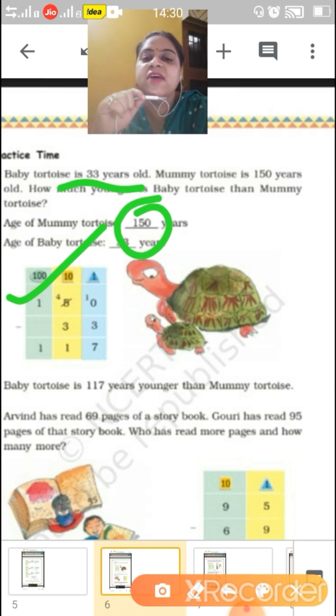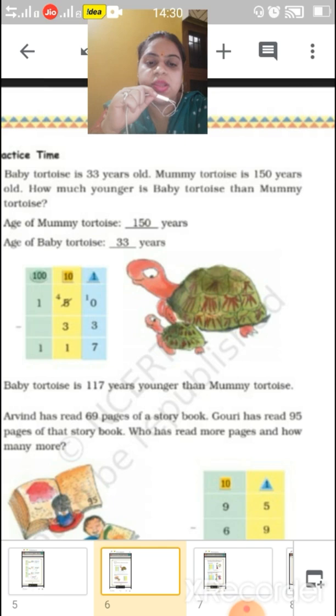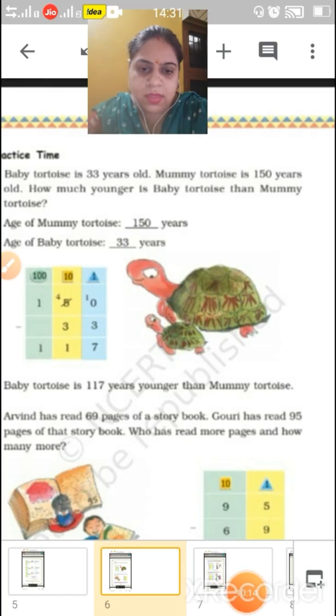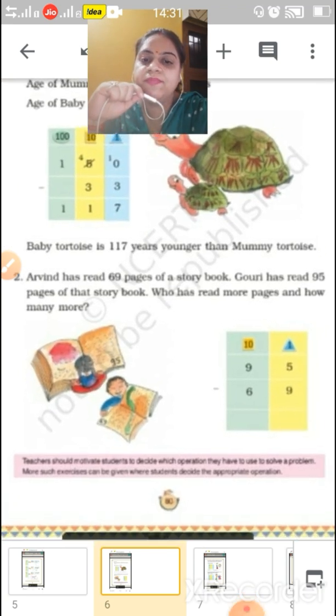So our answer is 117. He is younger than mummy tortoise. Understood? Now come to next question, children.